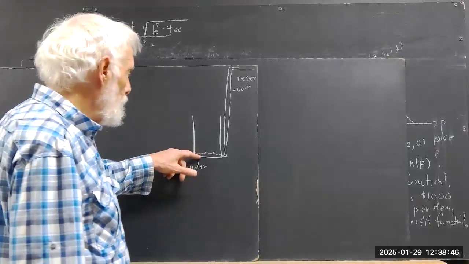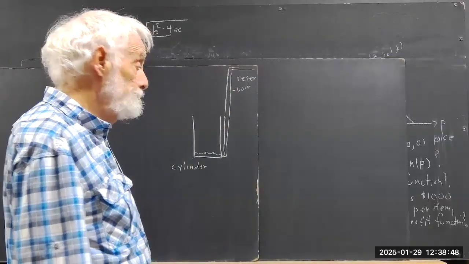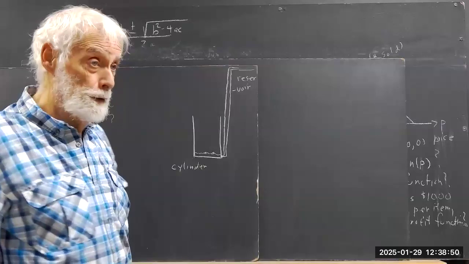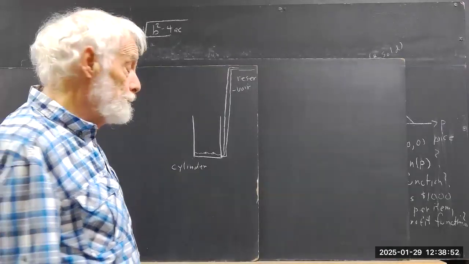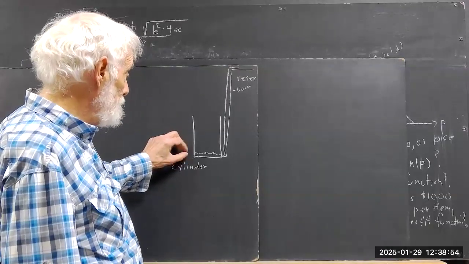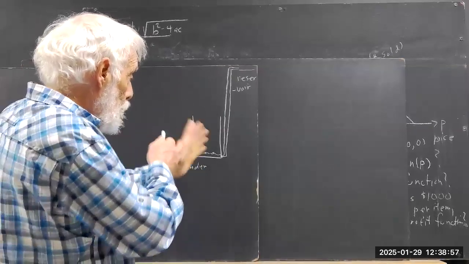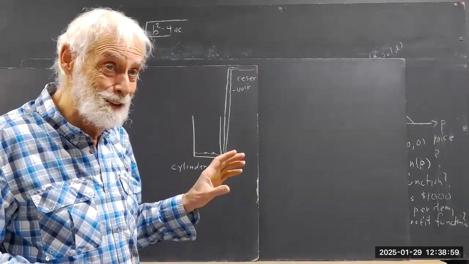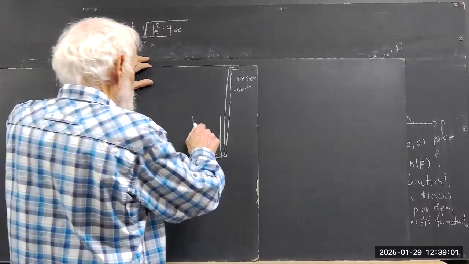So that if I can get water to come out of the top of this tube, it can go into the reservoir, right? Now, this isn't to scale. The water might be a whole lot deeper, but it might be a really long cylinder. Okay. And there's a piston in the cylinder.